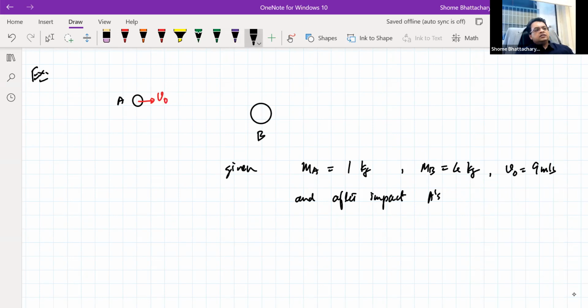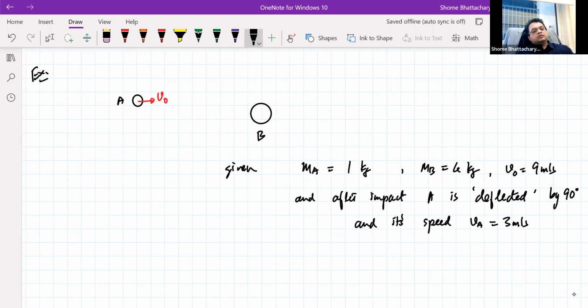After impact, A is deflected by 90 degrees, and its speed is suppose 3 meters per second. So find B's velocity after impact and also find the coefficient of restitution.